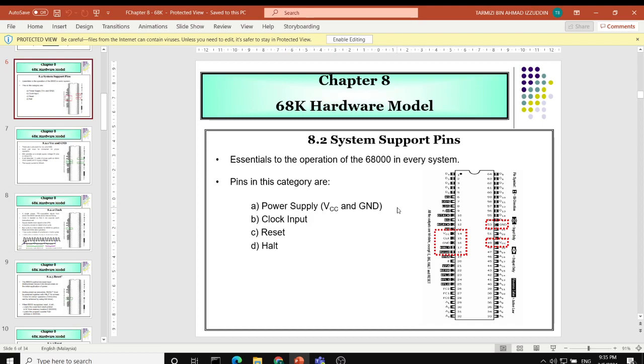For example, VCC, which acts as a power supply to your 68K, and we have the clock input, which connects the 68K to an oscillator or a clock. We have reset and halt. Okay, so you can see here where the pin locations are, and what types of pin are currently being shown.